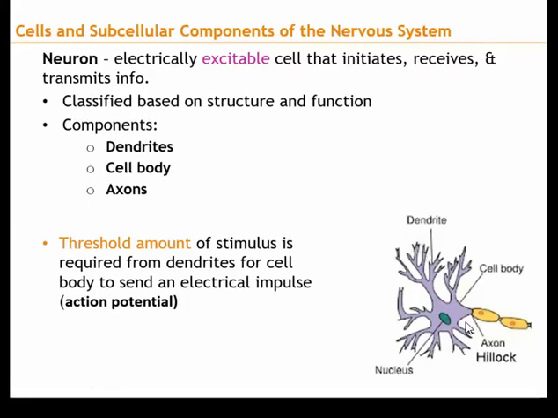It accumulates here at this axon hillock. So that's where it's going to accumulate. But the action potential does not occur until there's a threshold amount of stimulus received here. So once there's enough stimulus, it all gathers at this axon hillock, and then once we have enough, it is transmitted down the axon.